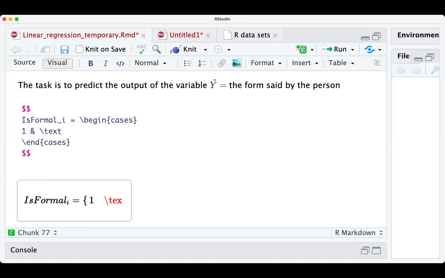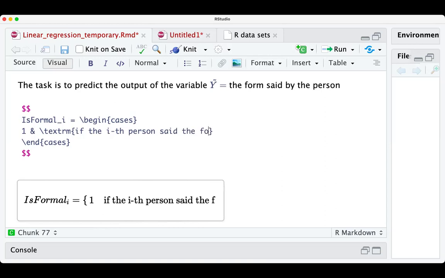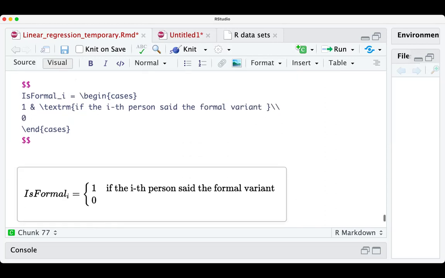is_formal_i is equal to 1 if the i-th person said the formal variant, and 0 otherwise.